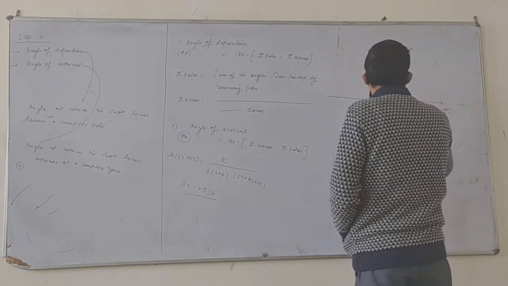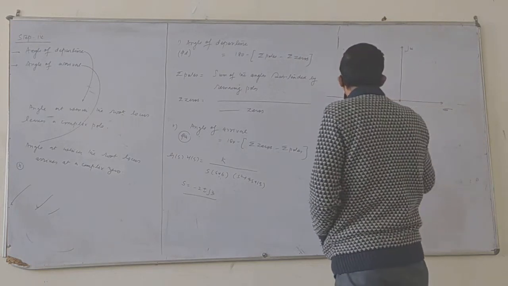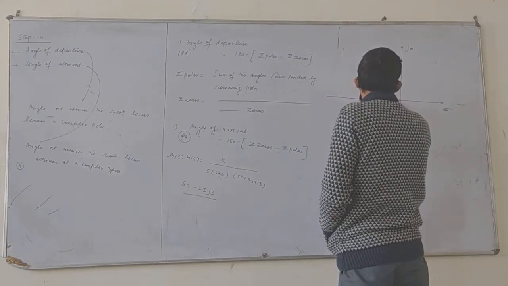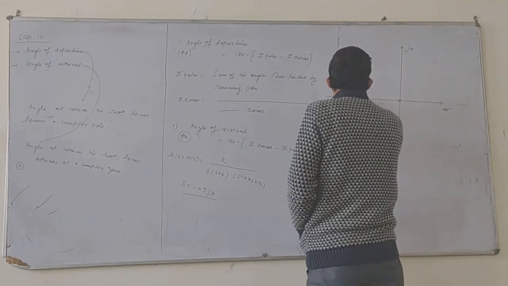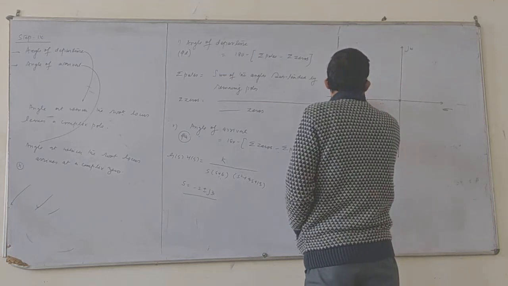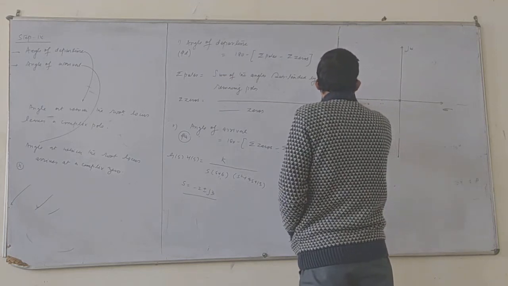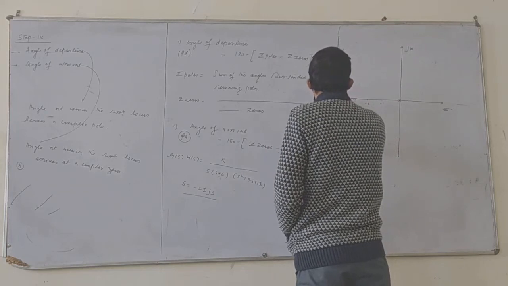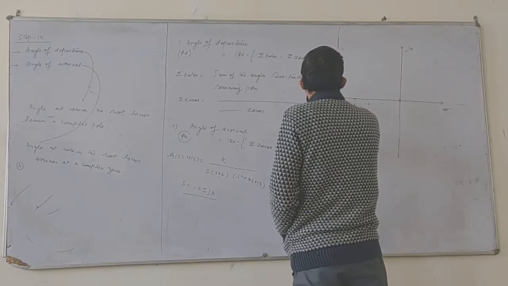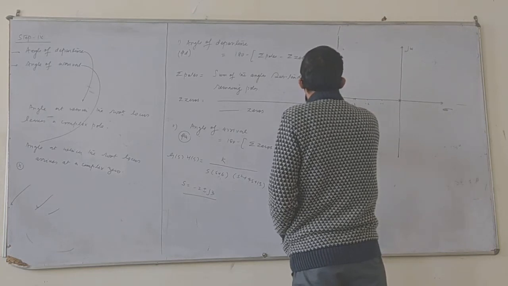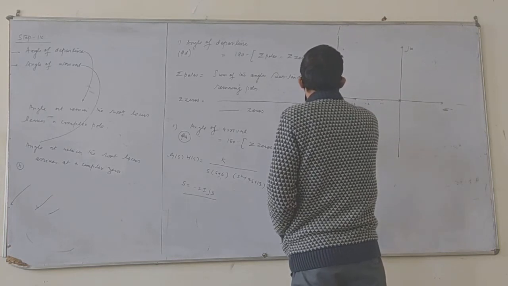Can see s equal to 0. Then we have s equal to minus 3. Let's say this is minus 1, minus 2, minus 3, minus 4, minus 5, minus 6.